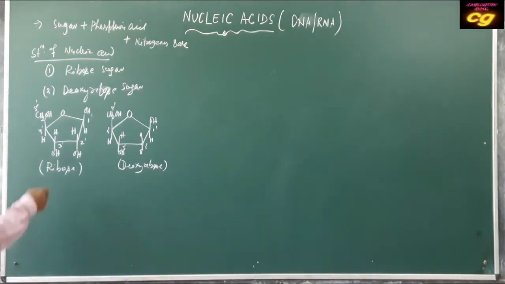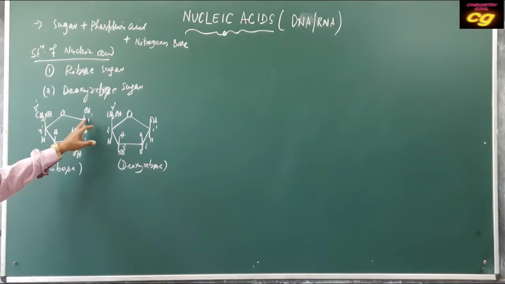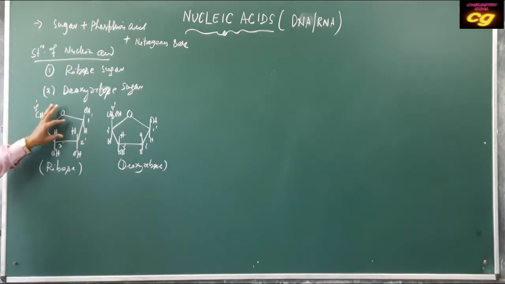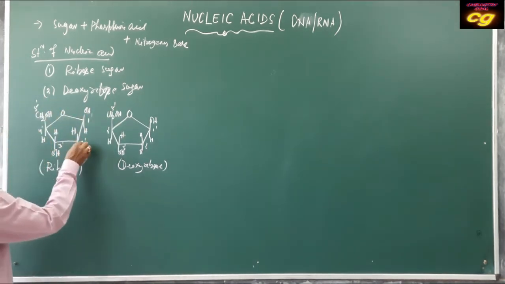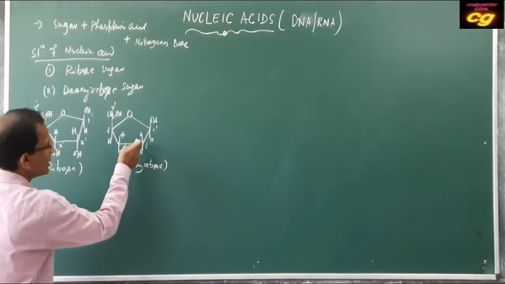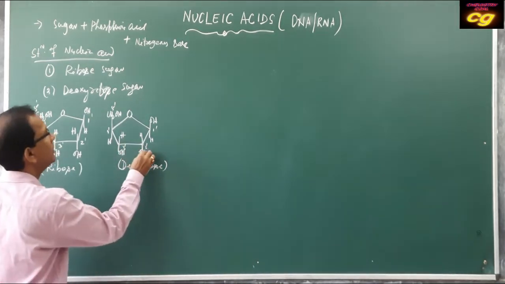Ribose sugar, if you see, has a 5-membered ring having 5 carbon atoms, 1, 2, 3, 4, 5. Here also 5 carbons. The only difference is at carbon number 2, where in deoxyribose the oxygen is removed.